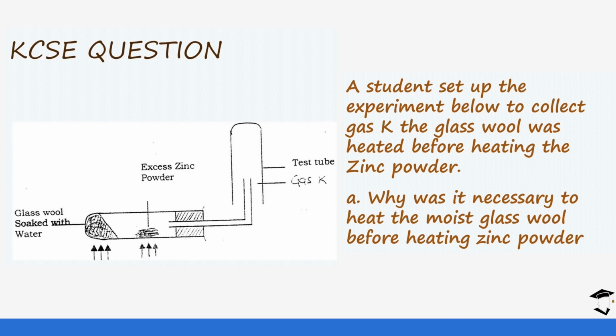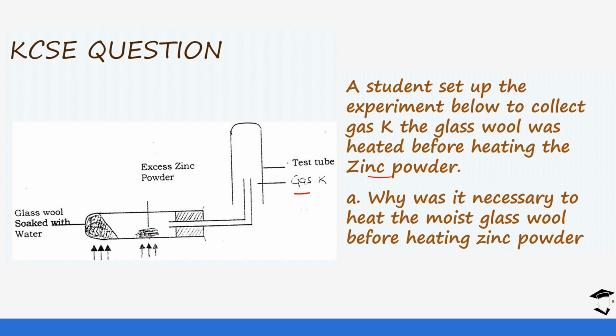A student set up the experiment below to collect gas K. The glass wool was heated before heating zinc powder. So you can see the glass wool is soaked with water and then it's heated, and then zinc powder is also heated, and then this gas was produced.